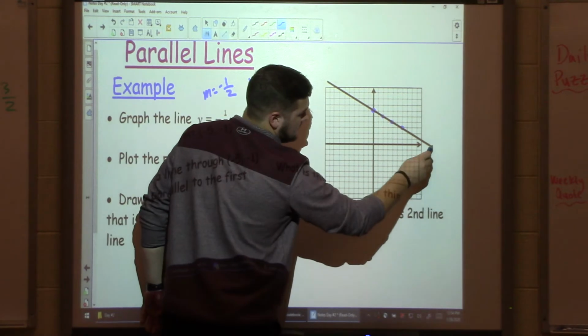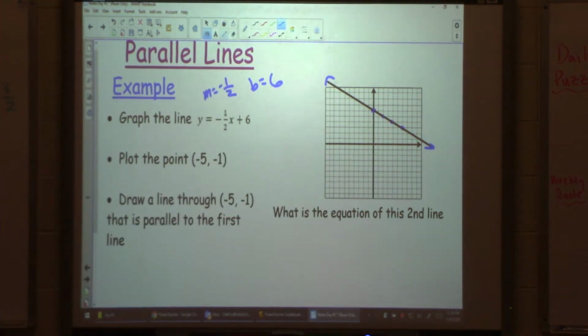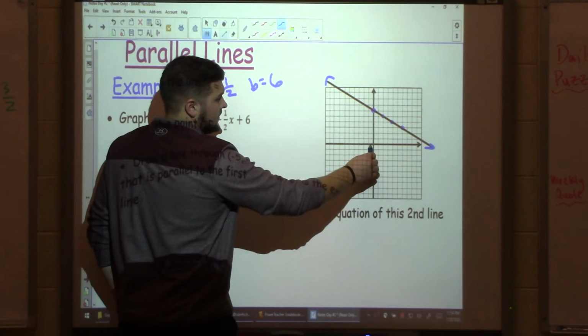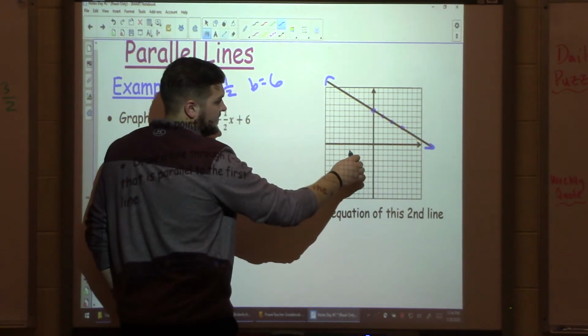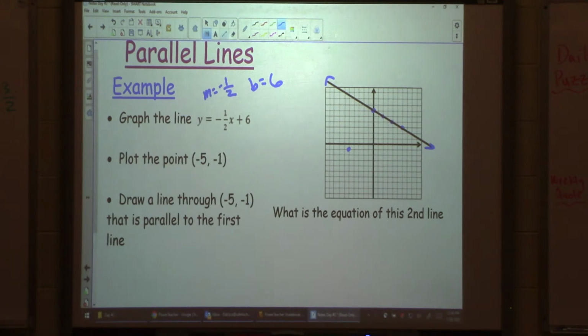So that's the first part of our example here, just drawing a line. Next it says plot the point negative 5, negative 1. 1, 2, 3, 4, 5, down 1. Draw a line through negative 5, negative 1 that is parallel to the first line. Did I just draw a random line?